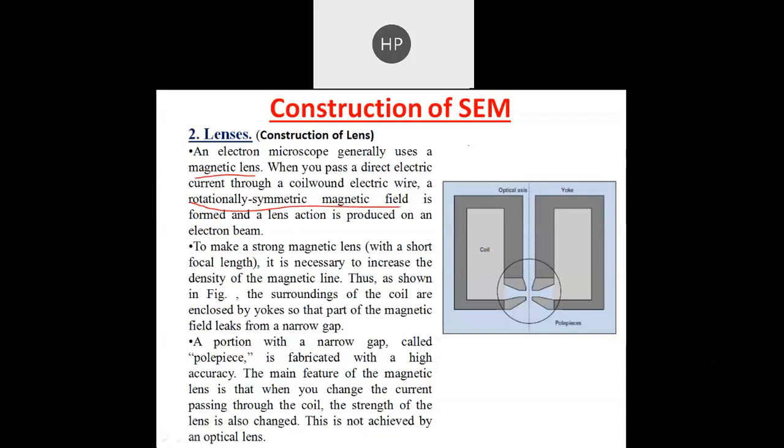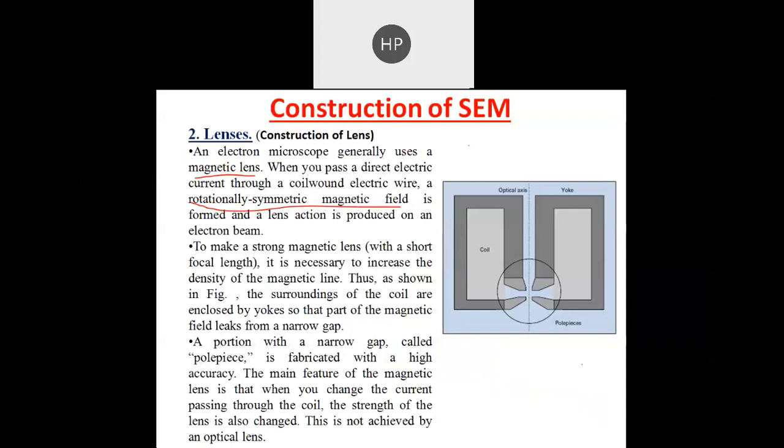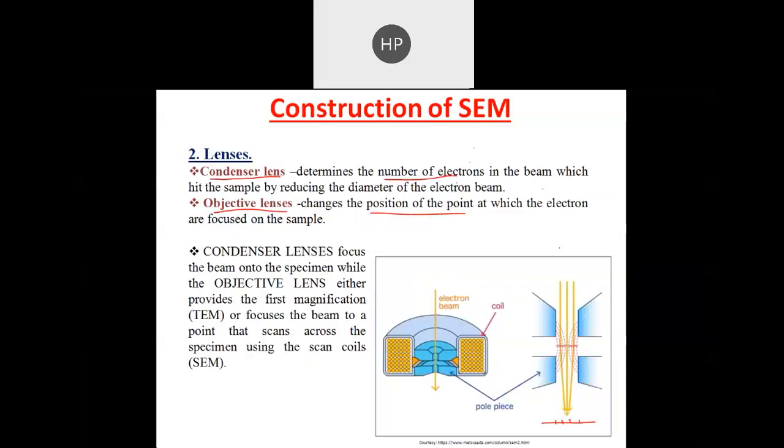Okay, so here as you can see, these pink lines are nothing but the electromagnetic rotationally symmetric magnetic field. Okay, and due to that magnetic field, the electrons are deflected and their diameter will reduce. Okay, so this is how it is done.